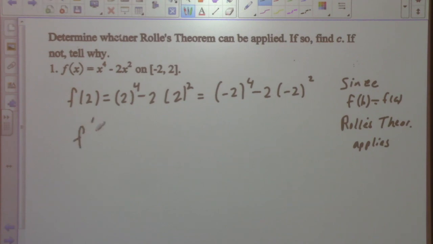What is f prime of x going to be? 4x cubed minus 4x. And what do we set this equal to? Set it equal to 0, because that's what we find, right?